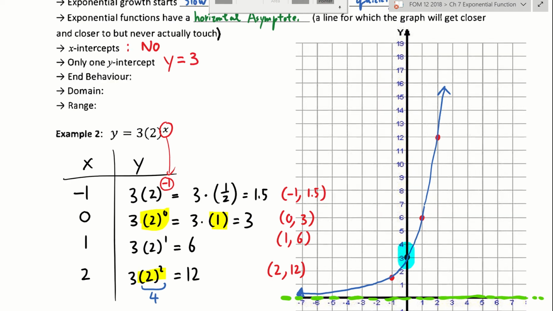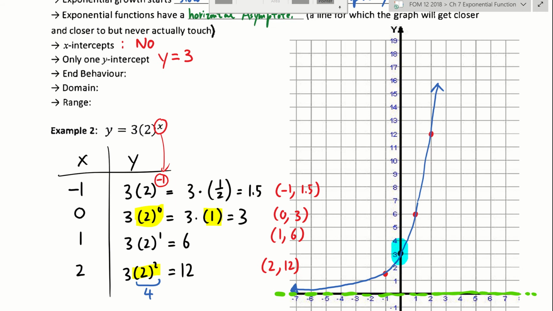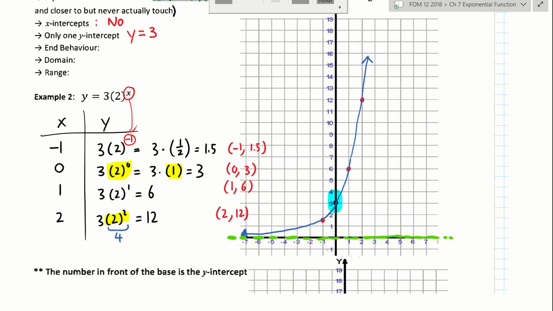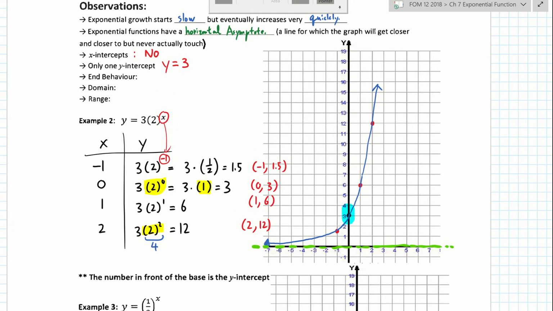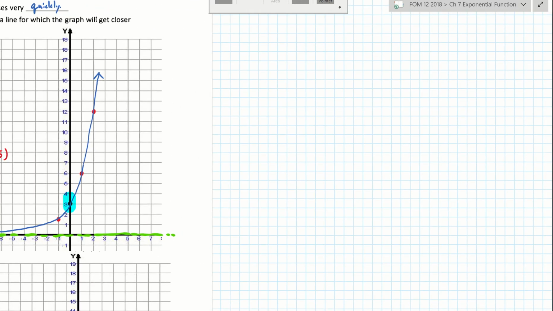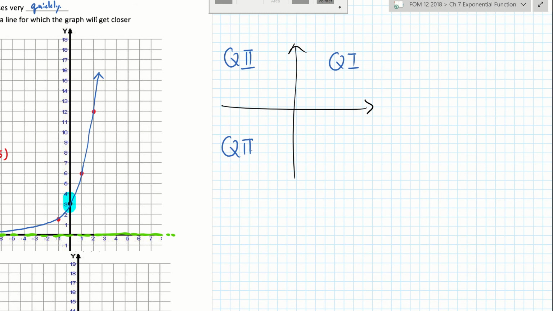So end behavior. That's asking you, where does the graph begin and where is the graph going in this case? Usually we separate the coordinate system into 4 quadrants. So we call this quadrant 1, quadrant 2, quadrant 3, and quadrant 4.